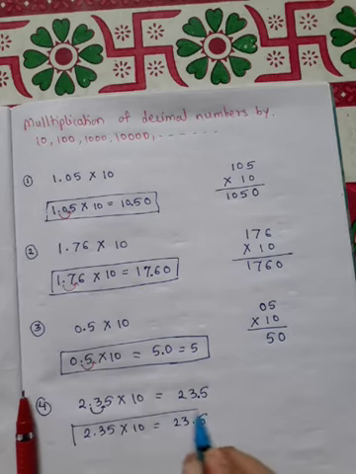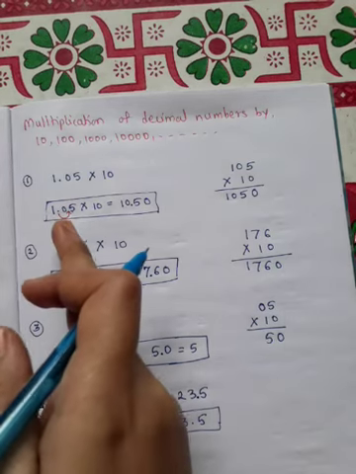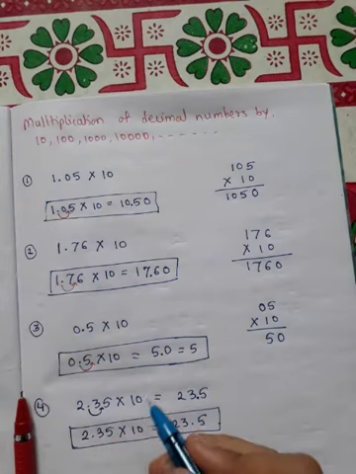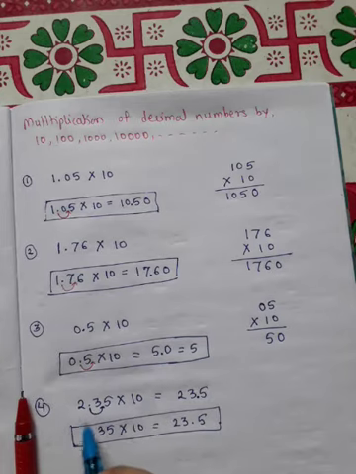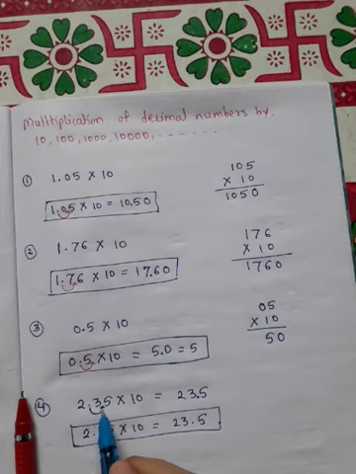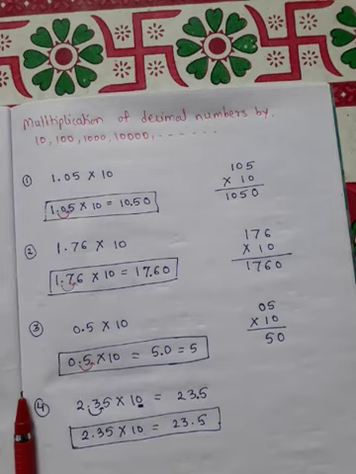So we don't need to do the multiplication and then count the digits after the decimal point. That's why we can directly do the multiplication. When we multiply any number by 10, the decimal point is shifted to the right by 1 unit. Why by 1 unit? Because in 10 there is only one zero with 1. That's why the decimal is shifted to the right by 1 unit. Okay, like this you can multiply any number by 10 directly.